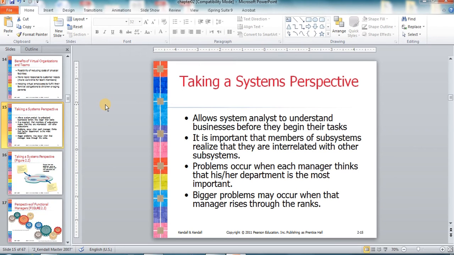It's also very important for the software engineer to understand that all subsystems within any organization, all departments, are interrelated and interdependent on each other in a certain way or another. When the software engineer needs to design software for a certain organization, he or she should review the organizational structure before tackling the design process.